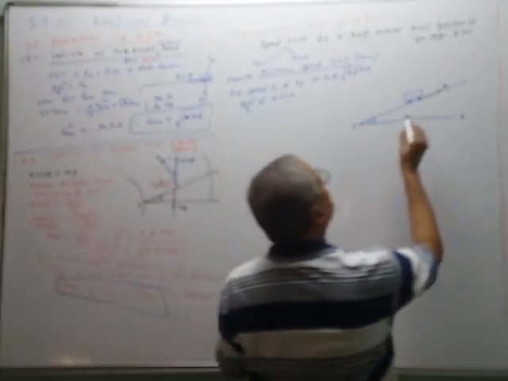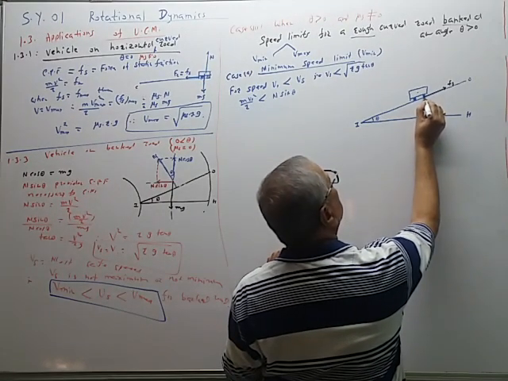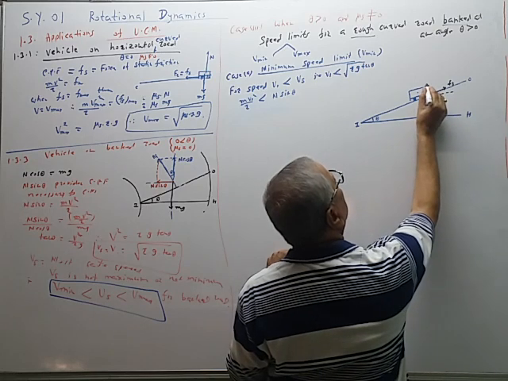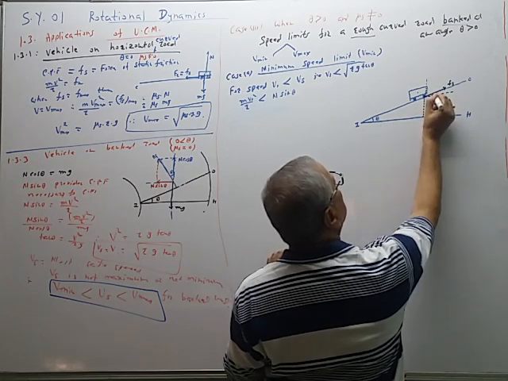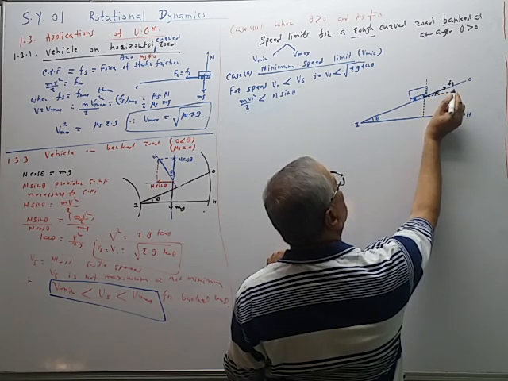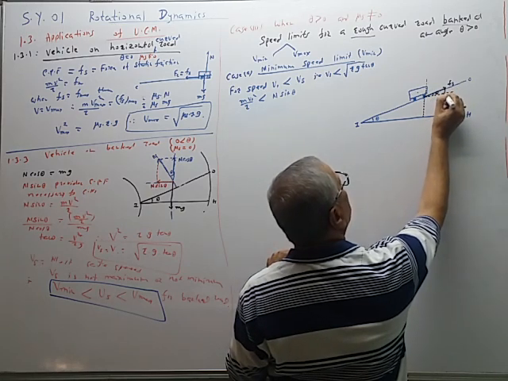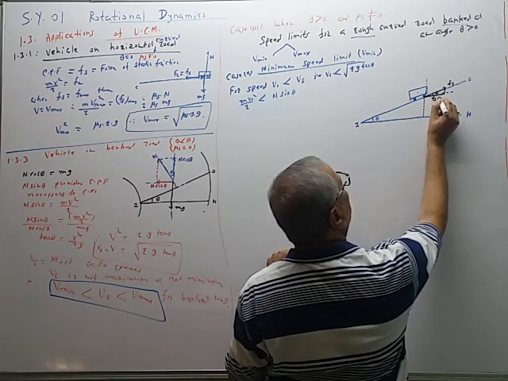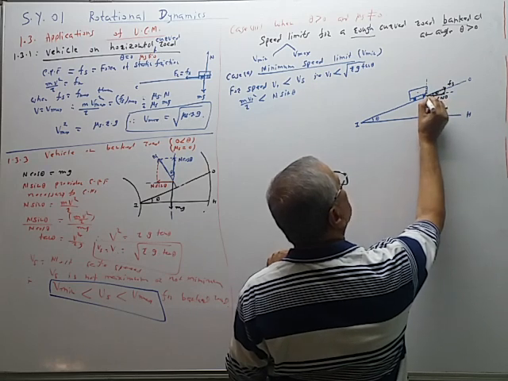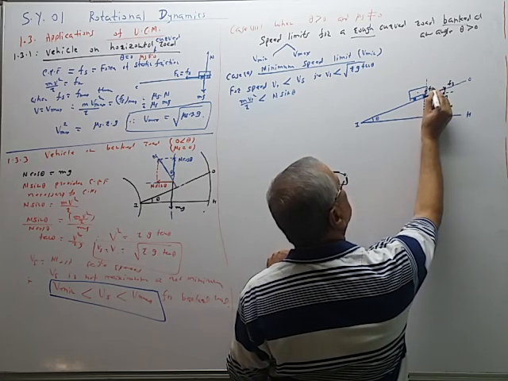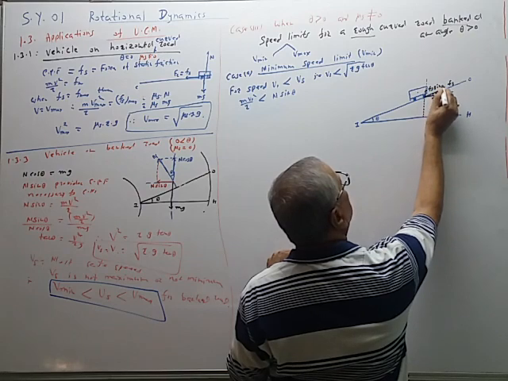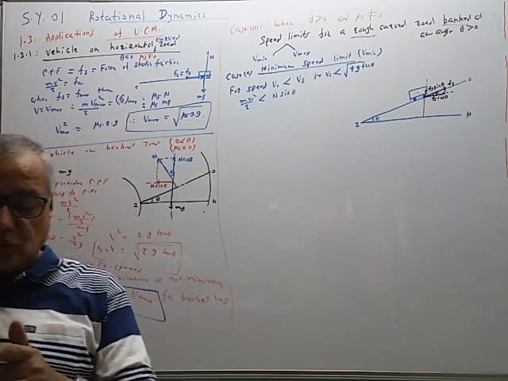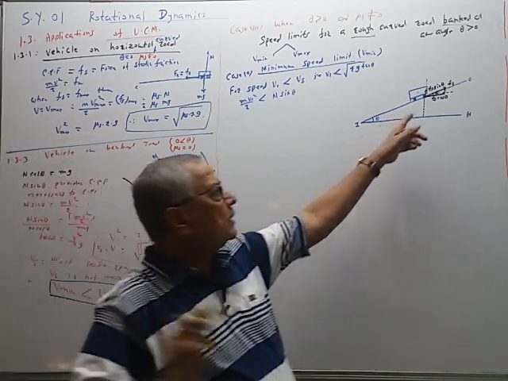Now, if we draw a perpendicular here, then if this angle is theta, this is also theta, and therefore if we draw a perpendicular, this component is Fs cos theta, and this component is Fs sin theta. So force of static friction is divided into the two components. So you can draw their equal vector.